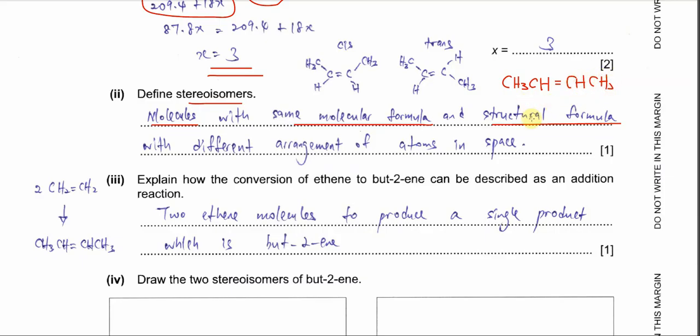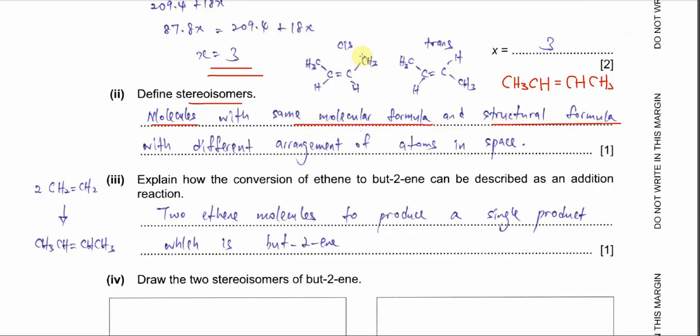With this structural formula, we don't know where the groups are arranged, whether the larger groups are at the same side or different side, we don't know. So when molecules have the same molecular formula and structural formula, we still don't really know where they are oriented or the arrangement of atoms in space.